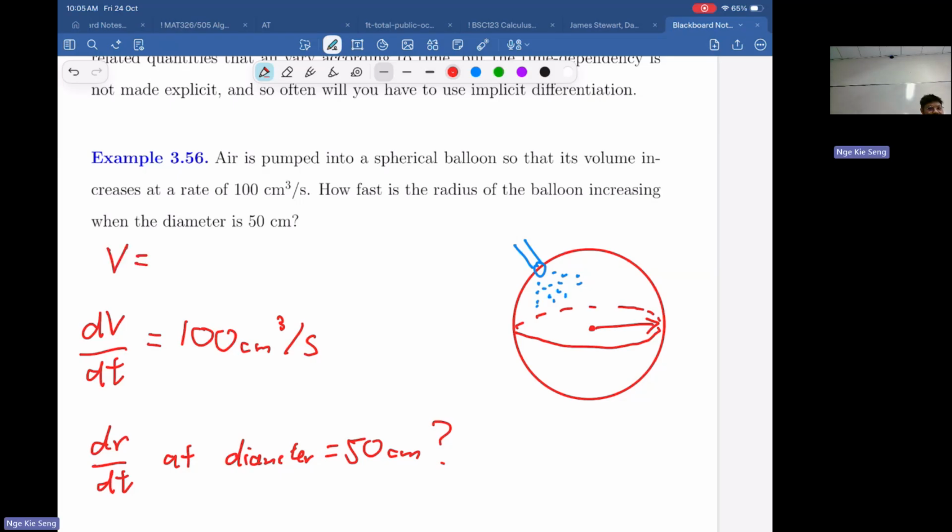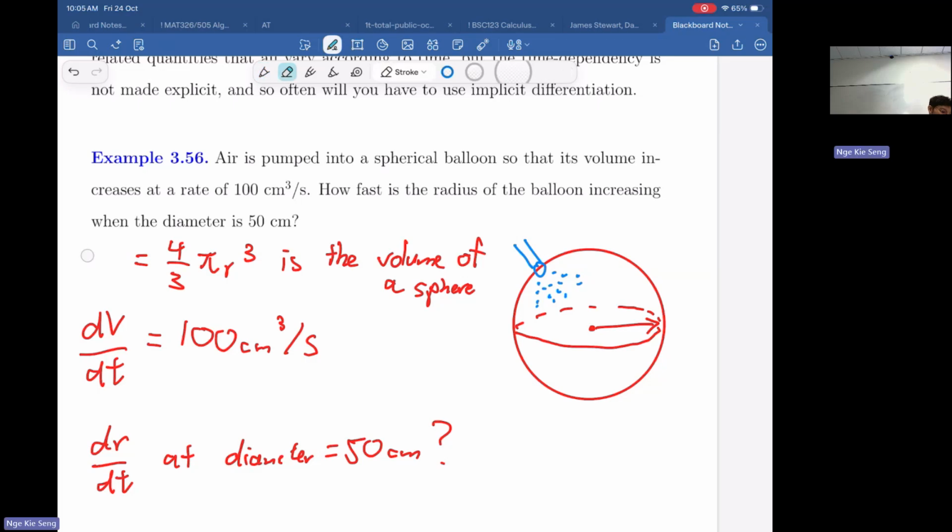V equals 4 over 3 pi r cubed. This is the volume of the sphere.